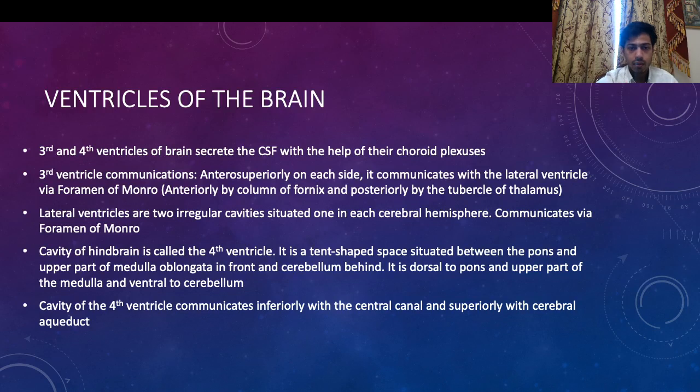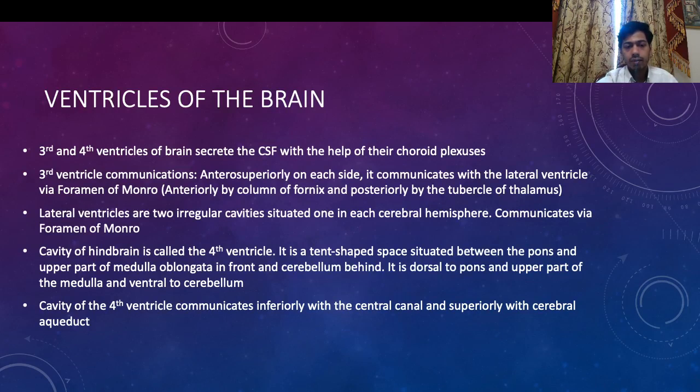So once again, we're subcortical. The lateral ventricles, which are in communication with the third ventricle, are two irregular cavities situated in each cerebral hemisphere. And like I said, they communicate to the third ventricle via the foramen of Monro.